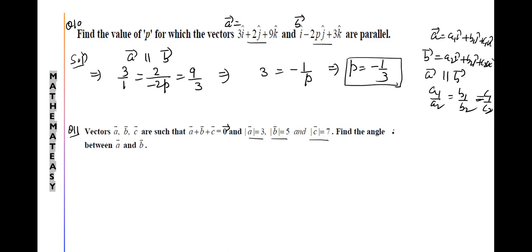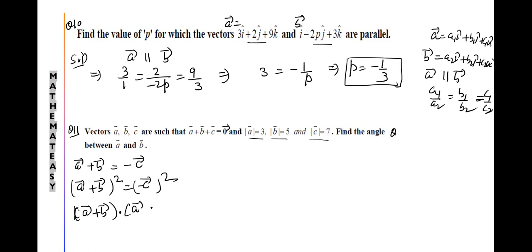If the angle between them is theta, we are given A plus B plus C equals 0 vector, so we can write A plus B equals minus C. Now squaring both sides, magnitude of (A plus B) square equals (A plus B) dot (A plus B), which equals magnitude of C square.